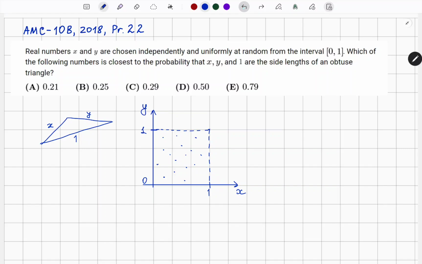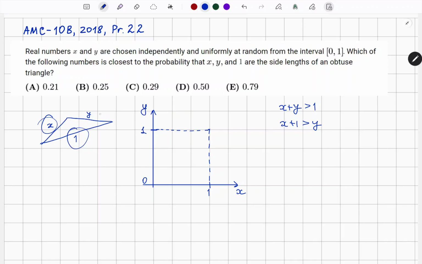So this makes the problem geometrical, but we have to set up some conditions on x and y. Of course I'll use what is called the triangle inequality. The triangle inequality says that the sum of two sides of a triangle is strictly bigger than the third side. In this case, it's 1. And there is no need to consider other triangle inequalities like x and 1 must be bigger than y.